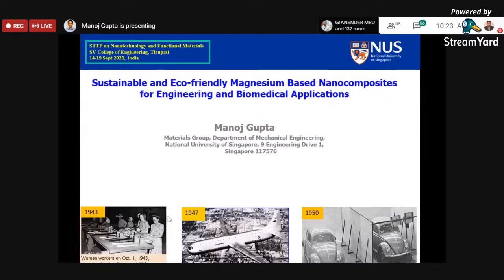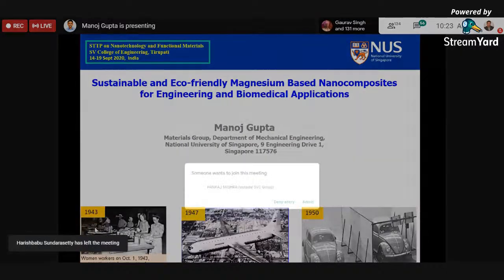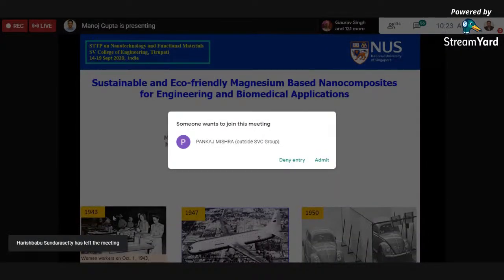Now, if you look at the pictures on the bottom of the slide, you see that the use of magnesium is not new. It has almost 100-year history with the glorious use of magnesium coming in the Second World War. You can see all these ladies somewhere in Europe working on magnesium-based material, where the magnesium-based materials were used for tracer bullets, bombs, and lightweight equipment.